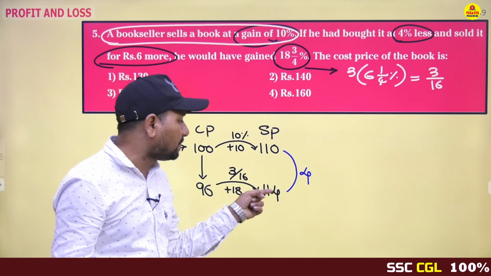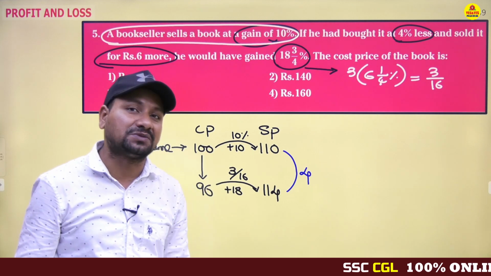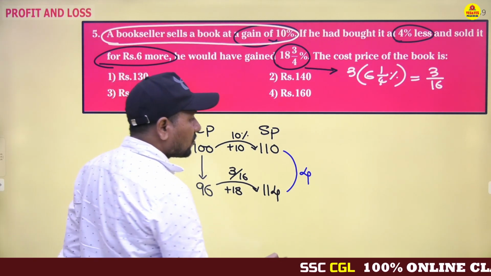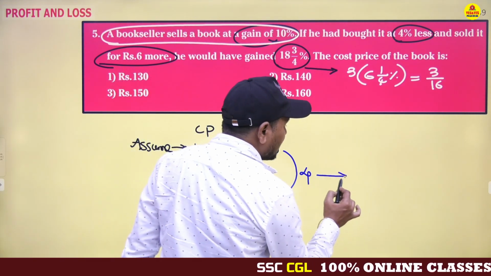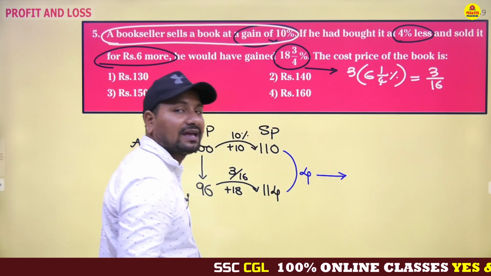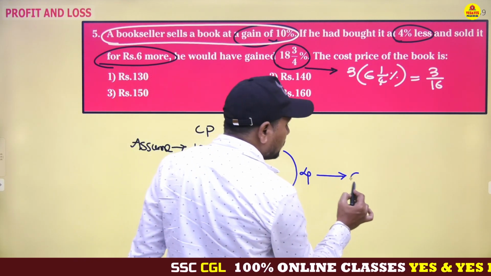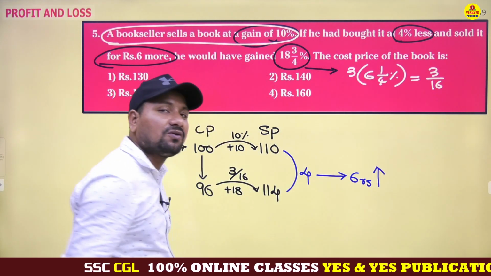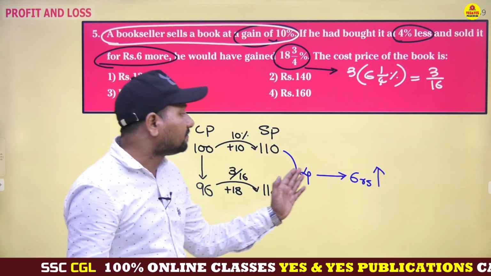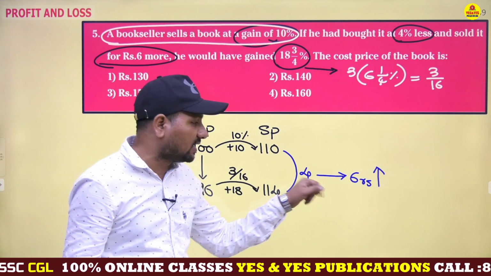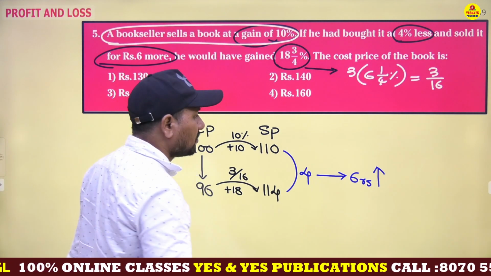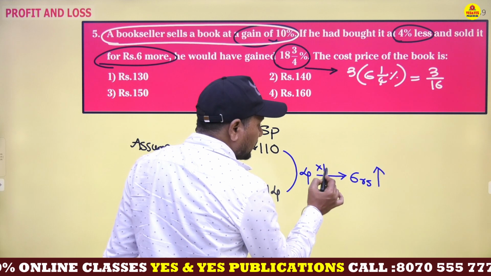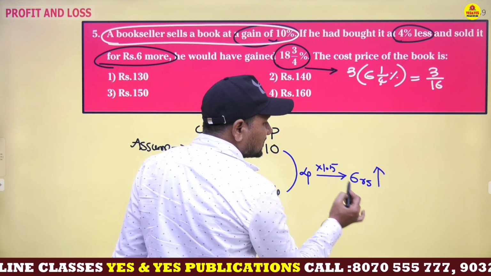Compared to the previous selling price, the present selling price is 4 rupees more. Assume 4 parts equal 6 rupees more. 2 parts equal 3 rupees and 1 part equals 1.5. 4 into 1.5 gives you 6 rupees.